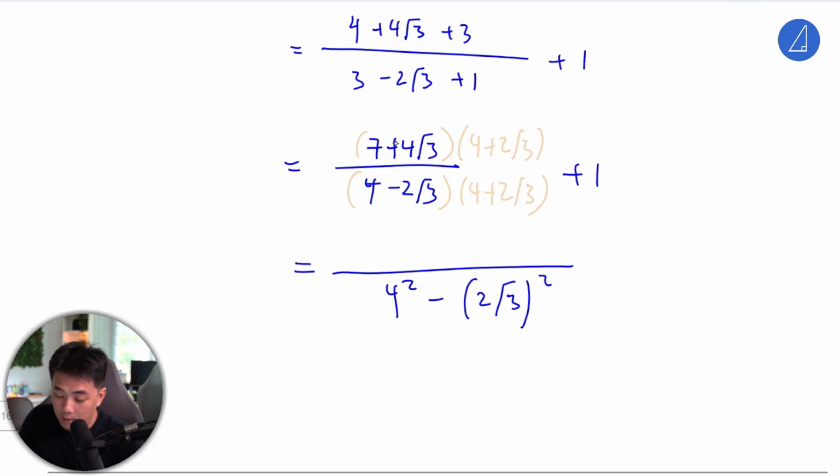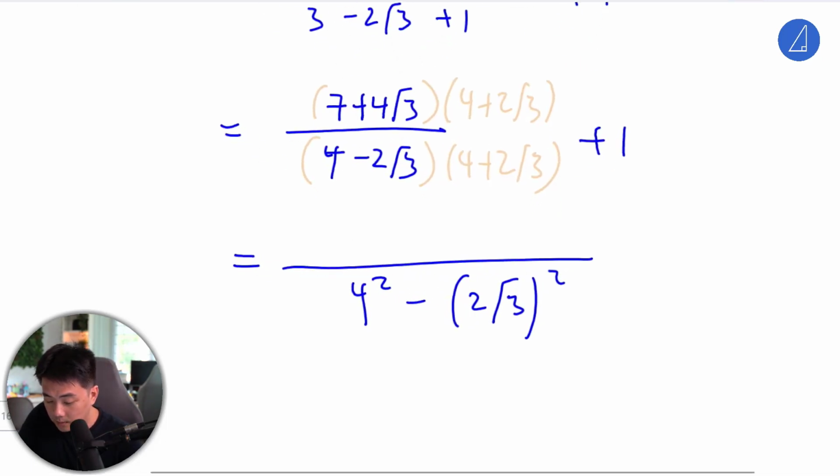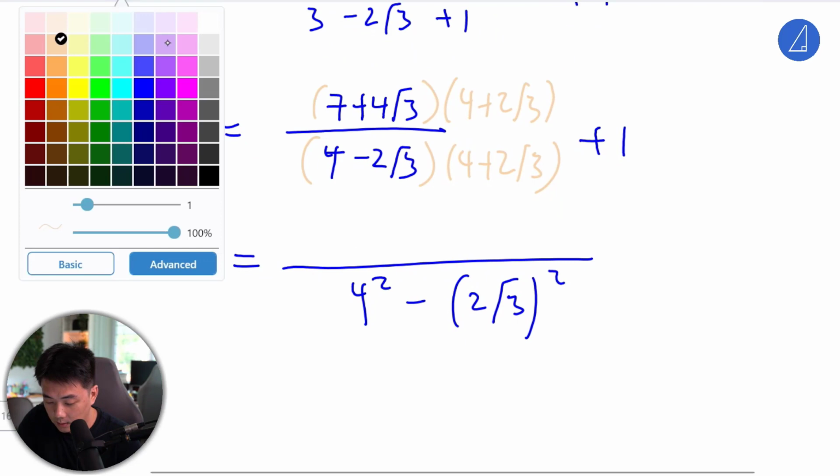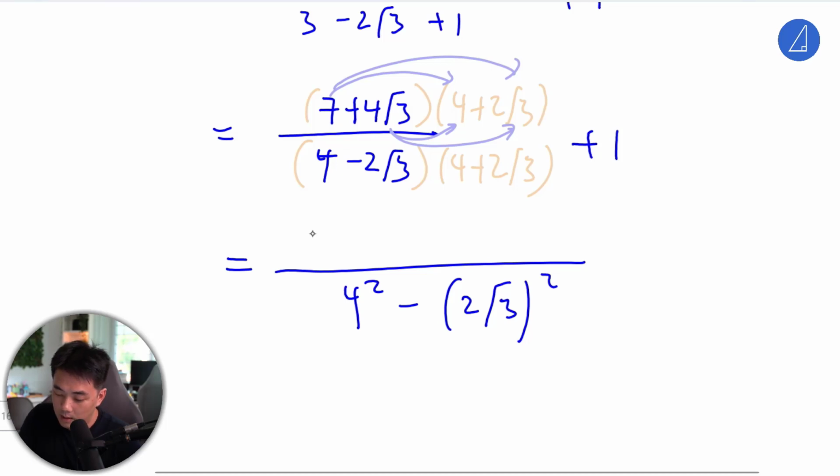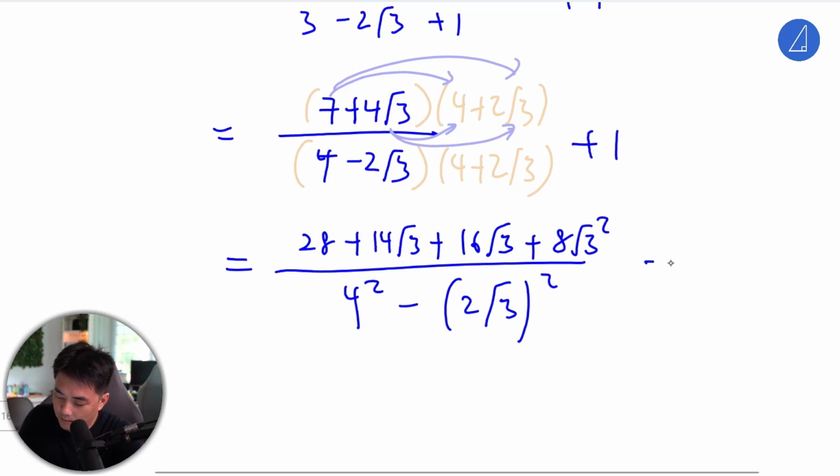So the top will be just distribute it in, here and here and here. So in this case it will be 28, 14 root 3 plus 16 root 3 plus 8 root 3 square plus 1.